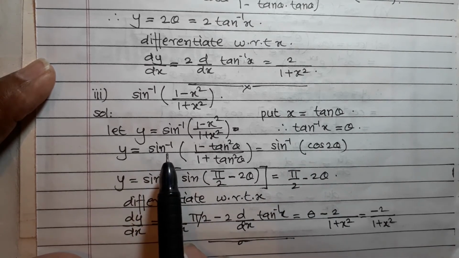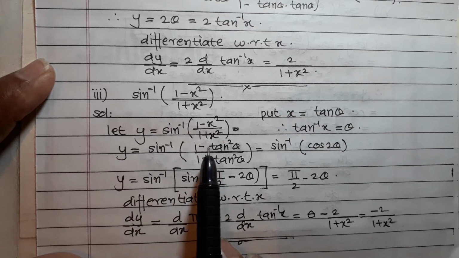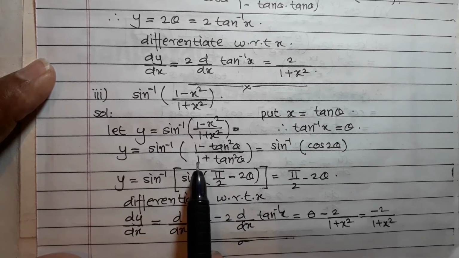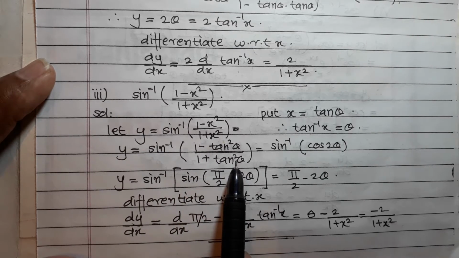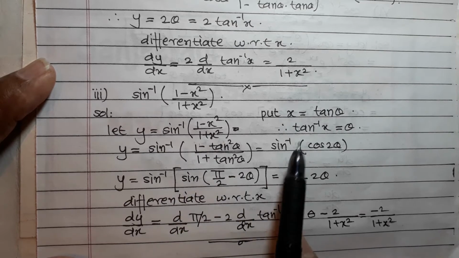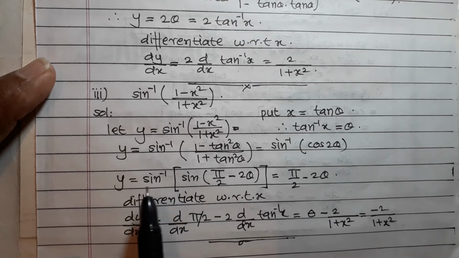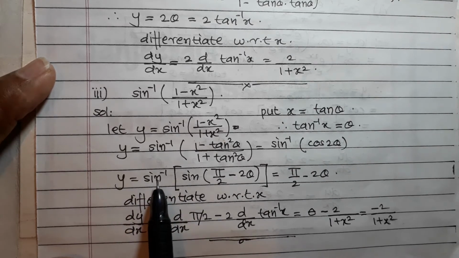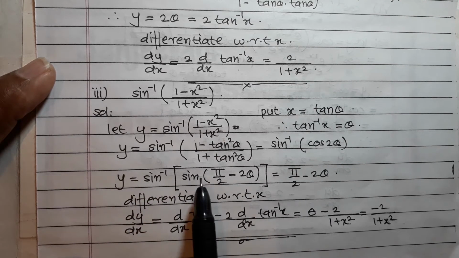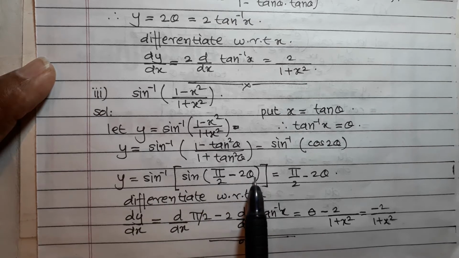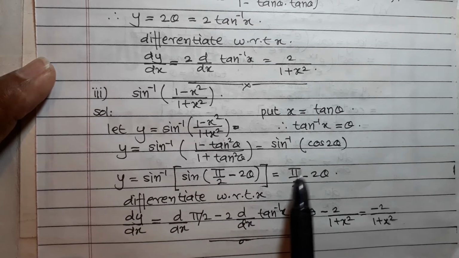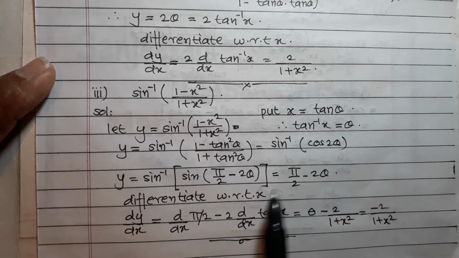Y is equal to sin inverse (1 minus tan square theta) upon (1 plus tan square theta). This is equal to sin inverse cos 2 theta, and therefore y is equal to sin inverse sin (pi by 2 minus 2 theta), and therefore y is equal to pi by 2 minus 2 theta.